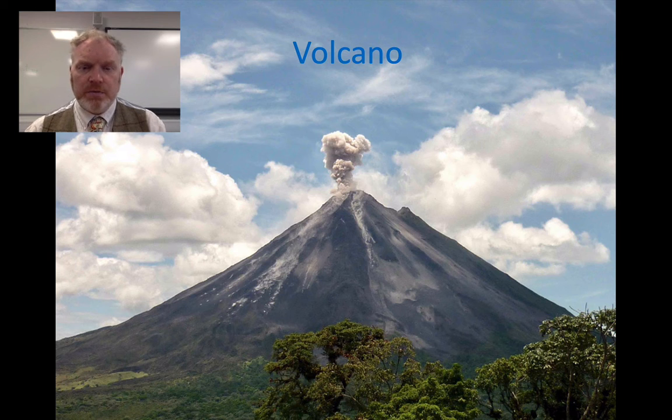A volcano is simply a place where magma gets to the surface. This particular example has a volcanic cone. However, it doesn't have to have a cone, it doesn't have to be a mountain to be a volcano. A volcano is simply a place where magma reaches the Earth's surface.